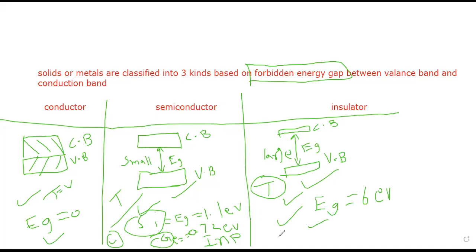Next, insulators are used to protect ourselves from electrical shocks. Every wire has an outer layer to protect ourselves from electric shocks. That is the insulating layer.